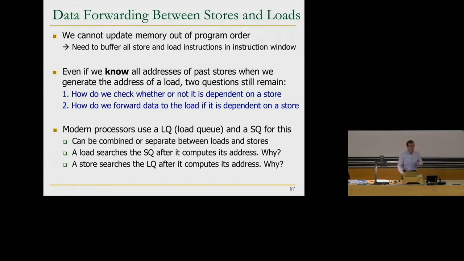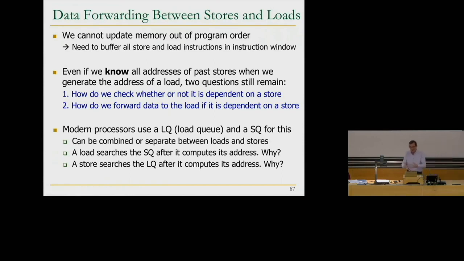And a store, when it finishes execution, when it computes its address, searches the load queue to see if there is a load that's dependent on it. The second one is needed if you're doing prediction, so that you can check your prediction.